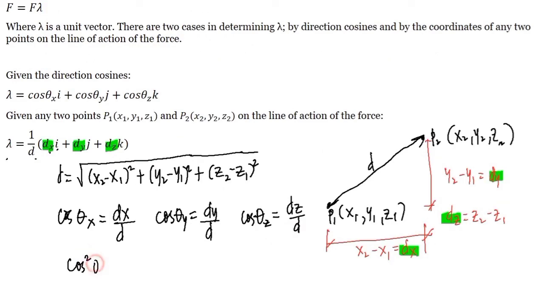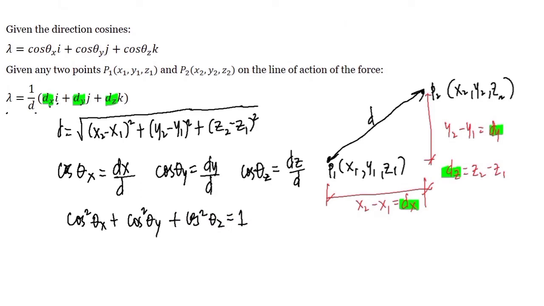The cosine squared of theta x plus the cosine squared of theta y plus the cosine squared of theta z is equal to 1.